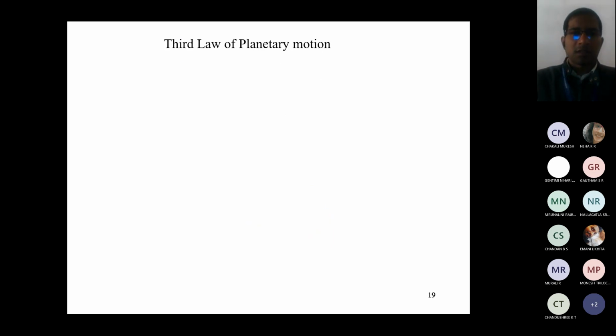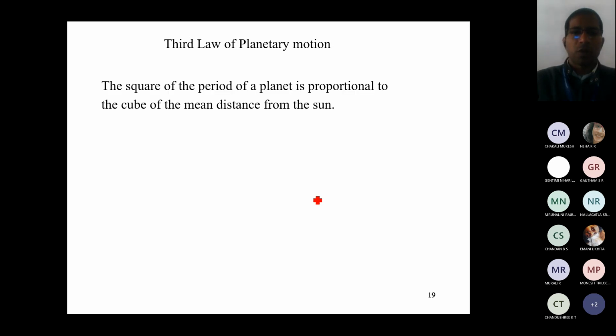So these are the two laws of planetary motion given by Kepler. In the third law, he stated that the square of the period of a planet is proportional to the cube of the mean distance from the sun.